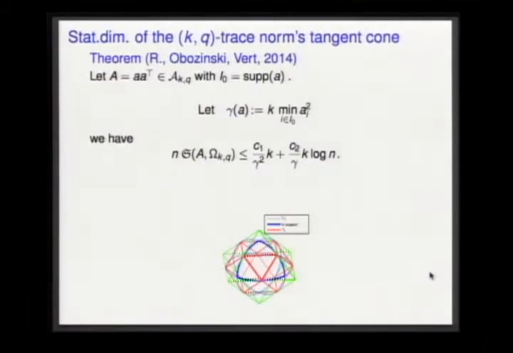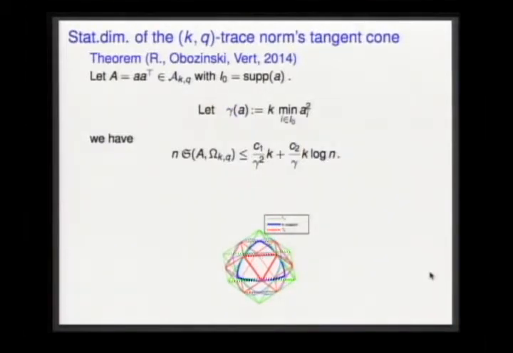So the result we obtained was that the statistical dimension, here I'm considering symmetric matrices just to simplify notations, times the dimension of the space is bounded by a term which is of order k log n.